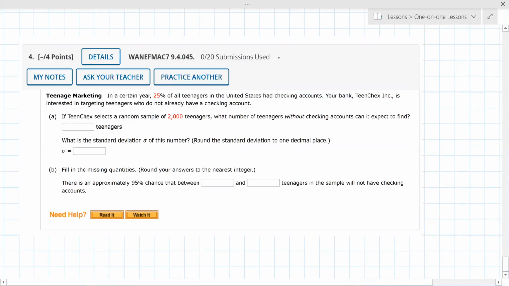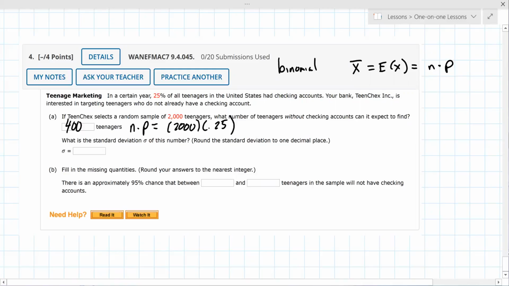So this is a binomial problem, and there are some formulas for binomial. The expected value, the mean of a binomial, is n times p, and that's what they're looking for here. Your n is 2,000. Your p is 0.25, so that's 400.